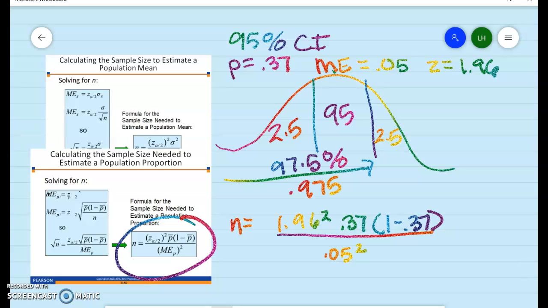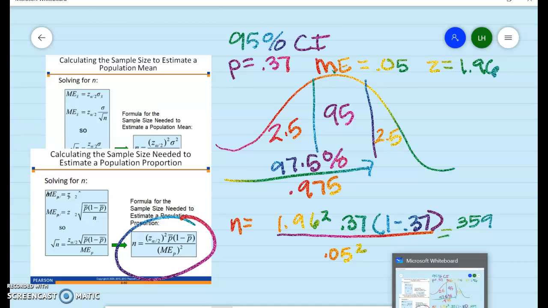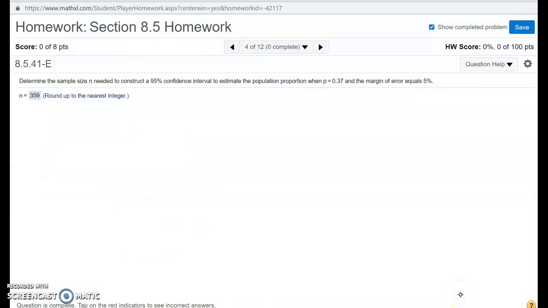So we're going to put that into our calculator, and remember, if we get a decimal, we're rounding it up regardless. And you get 358.1, so we have to round up to 359 so we can achieve that margin of error. Question 5, you will work the same way.